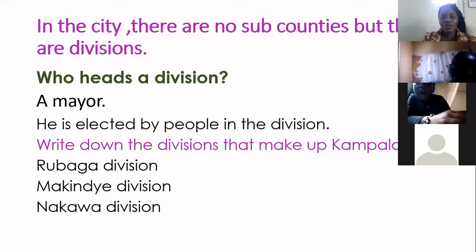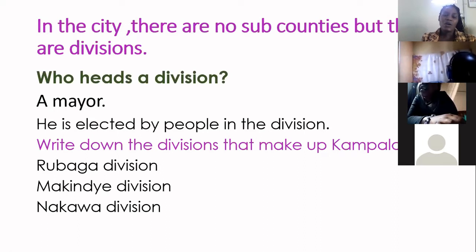That word is read as mayor. So a person who heads a division is called a mayor. Hope we are there, my pupils.